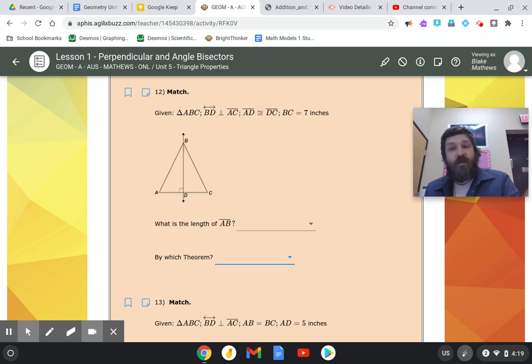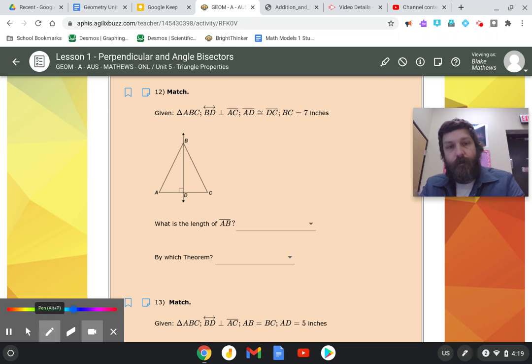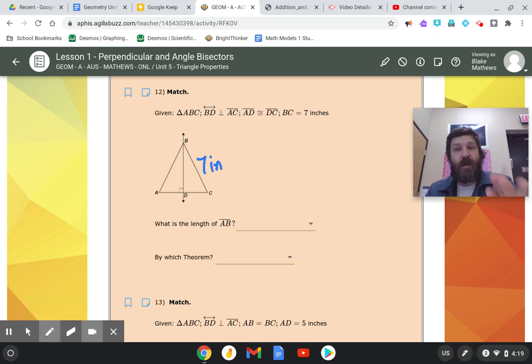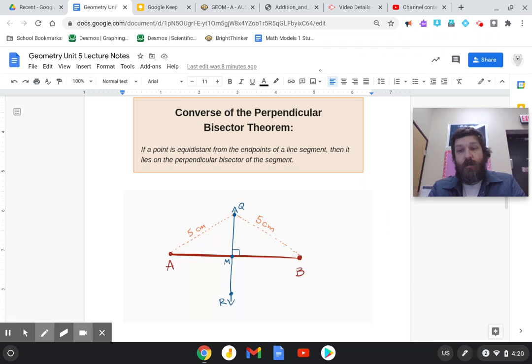Right there, they just told us that this is a perpendicular bisector, because BD is perpendicular to AC, and it also cuts it into two equal parts. That's very important, because the next thing it says is that BC is 7. Well, if BC is 7, and we already know that this is a perpendicular bisector, then we're going to use the perpendicular bisector theorem.